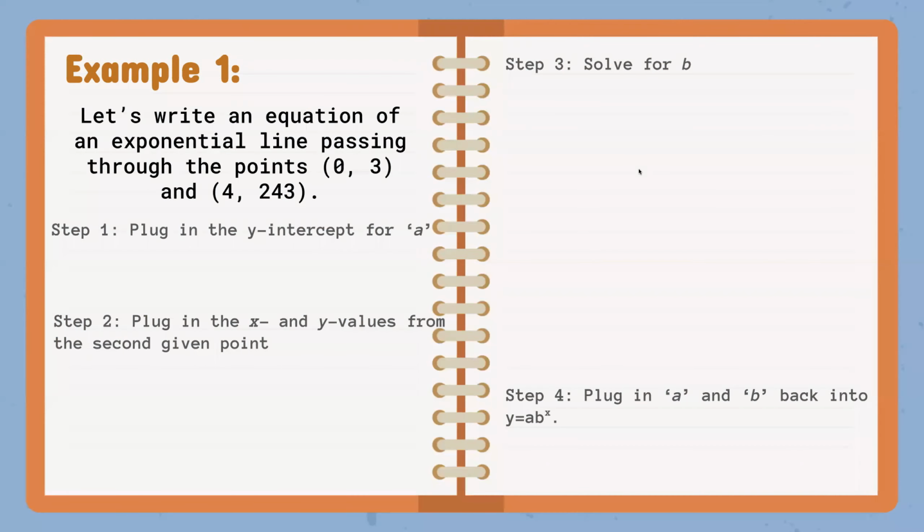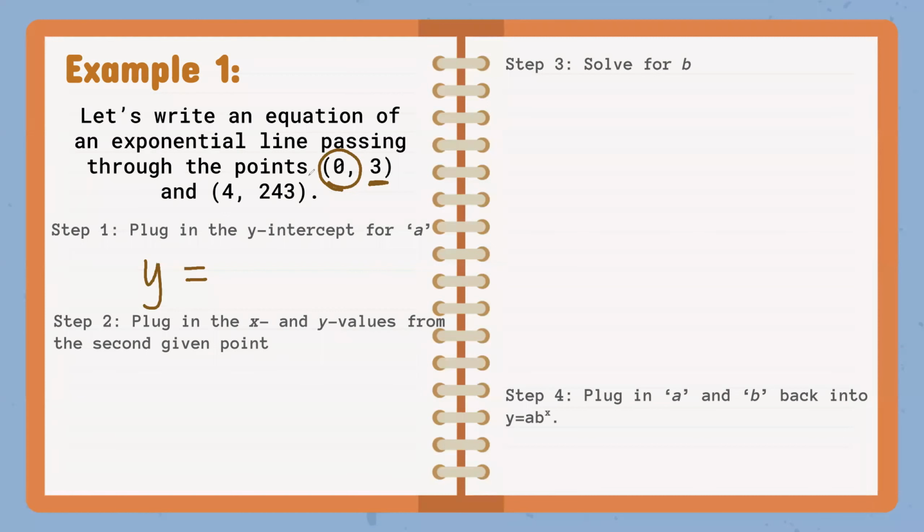Let's write an equation of an exponential line passing through the points (0, 3) and (4, 243). So step 1, plug in the y-intercept for a. 0 is where our y-intercept is, sorry.